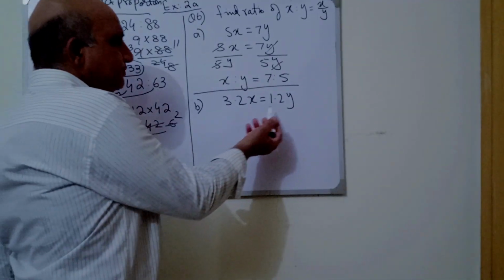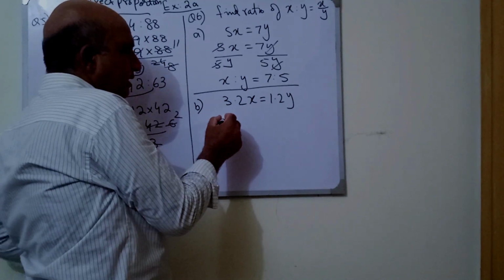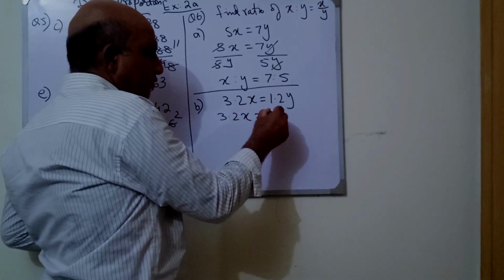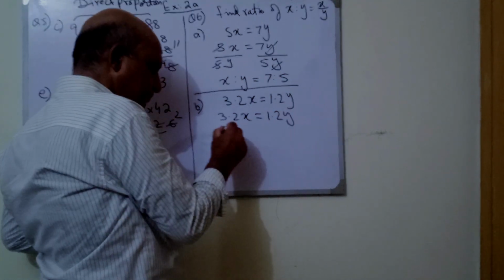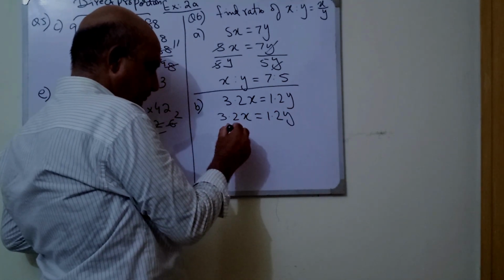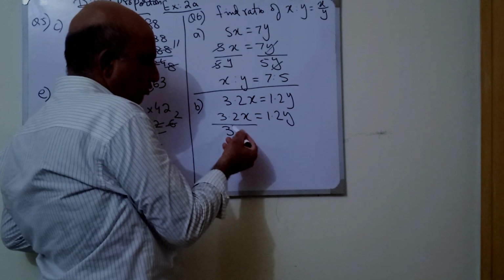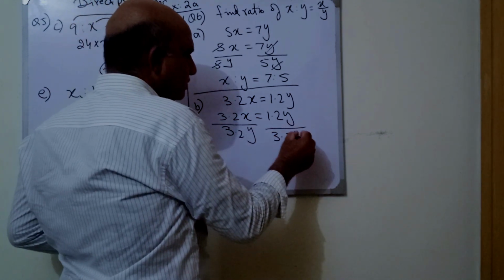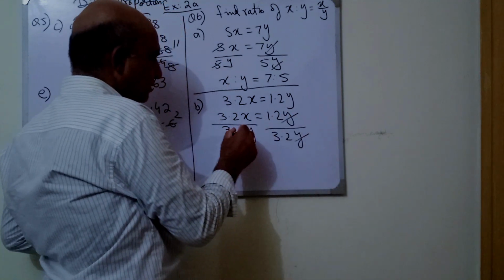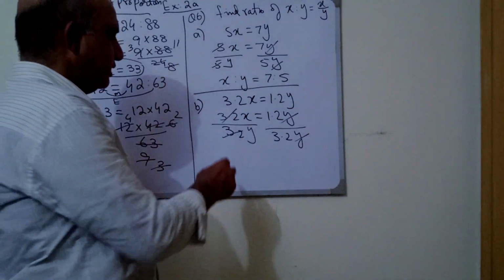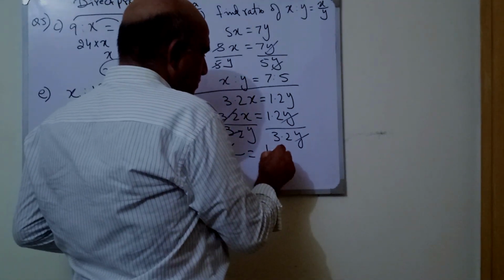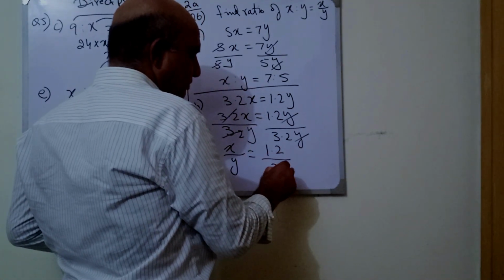Now here, this is also the same, that we will write it as 3.2x equals 1.2y. We divide on both sides by 3.2y. So we write here, x over y is equal to 1.2 over 3.2.